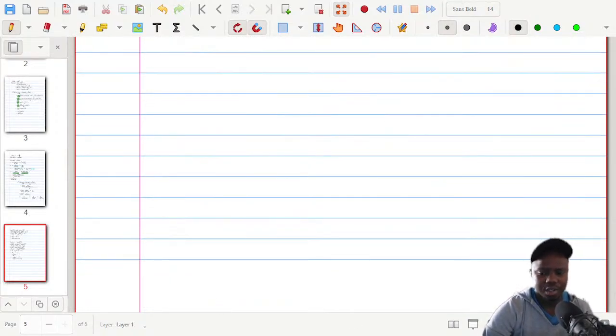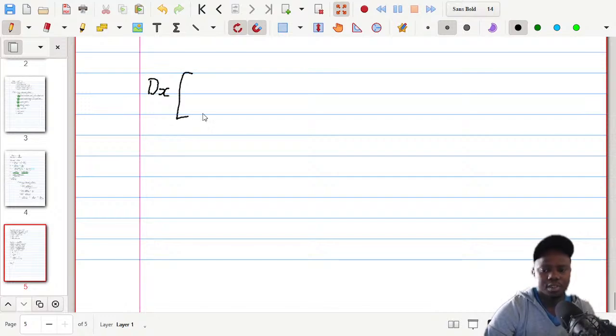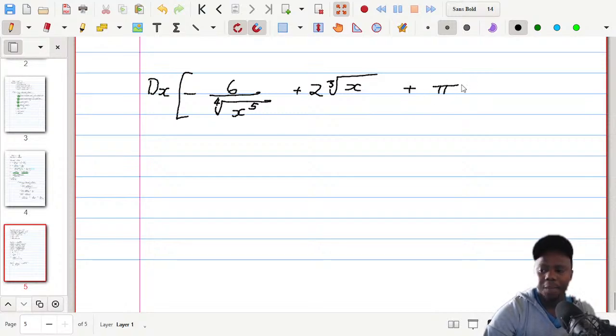The question says we have got the dx. Let me put this as a big bracket. This is minus 6 over the 4th root of x to the power 5 plus 2 cube root of x plus pi squared.